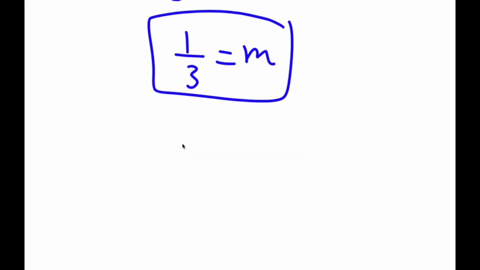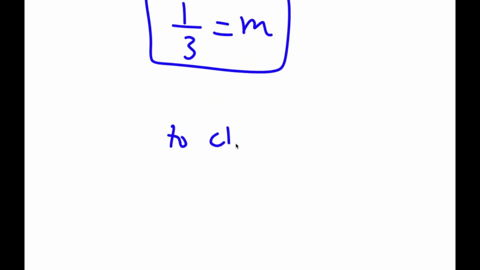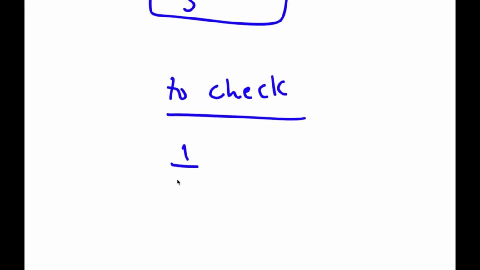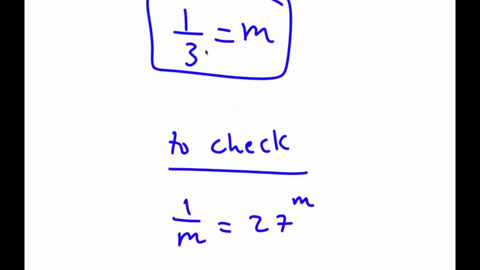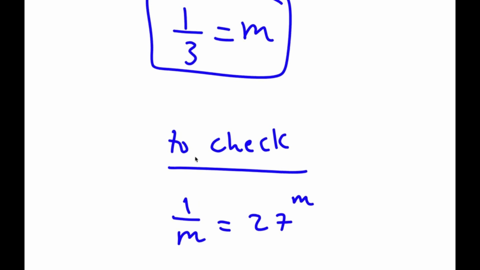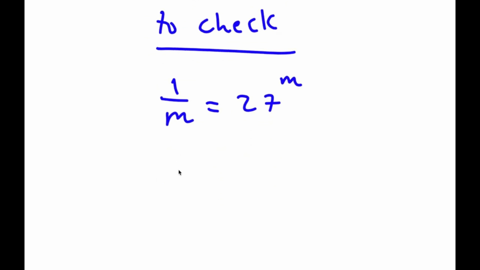Now, to check, first start with 1 over m is equal to 27 to the power of m. And we know that m is 1 over 3. So now I have 1 over 1/3 is equal to 27 to the power of 1/3.